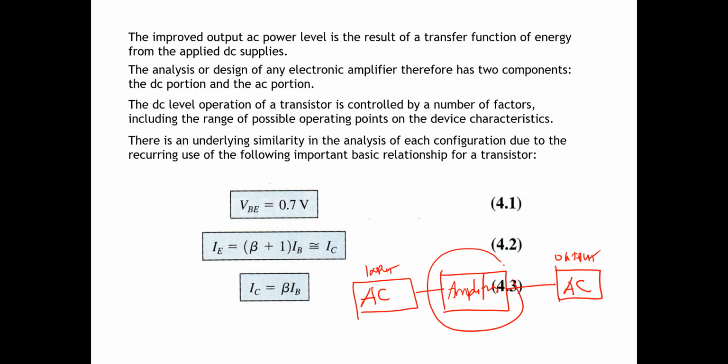As we know, we have three modes of the bipolar junction transistor. The first one is saturation, and then the forward or active region, and then the cutoff. If we want to use the BJT in amplifier mode, we have to put the BJT in active region mode.